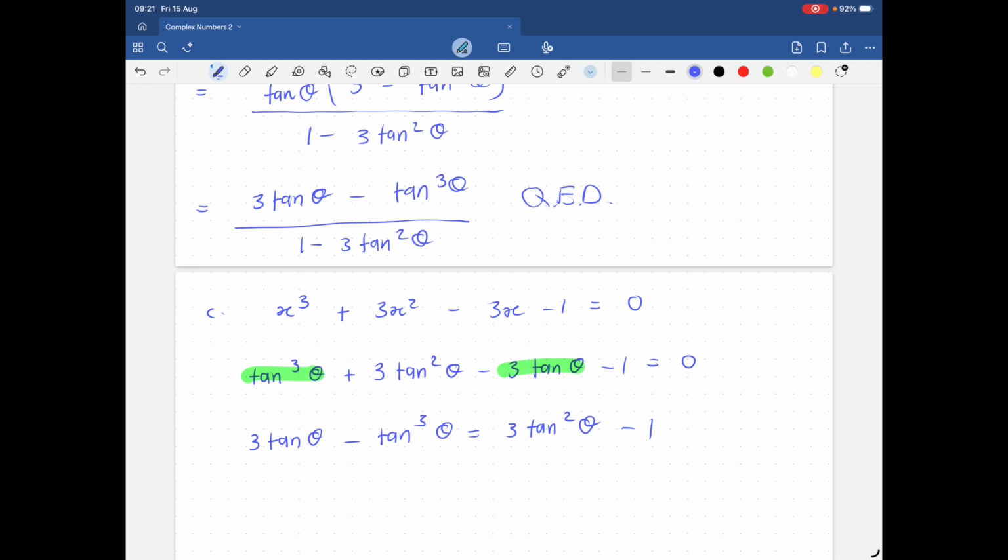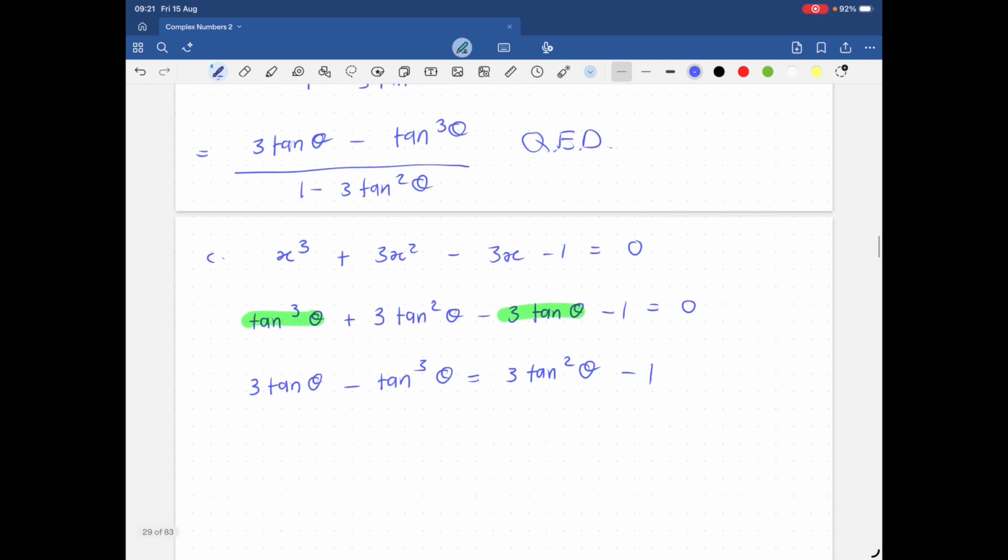That's fine. And we've left the other things there. Now what we can do is we can divide some things down to the bottom. So 3 tan theta minus tan cubed theta all over 3 tan squared theta minus 1. And that equals 1.